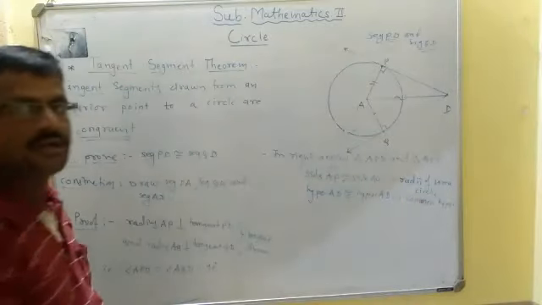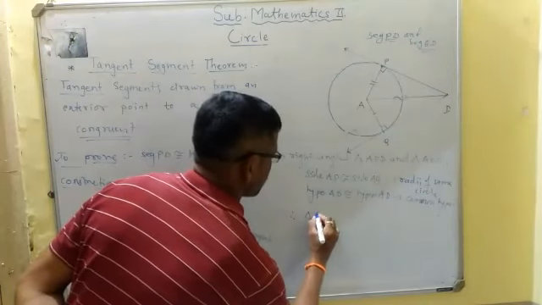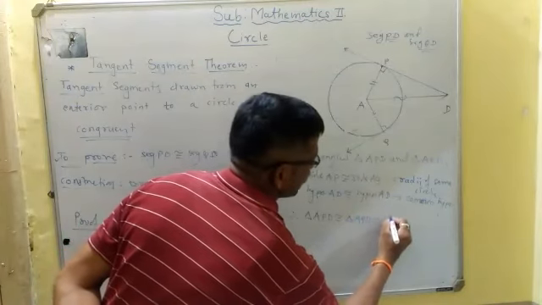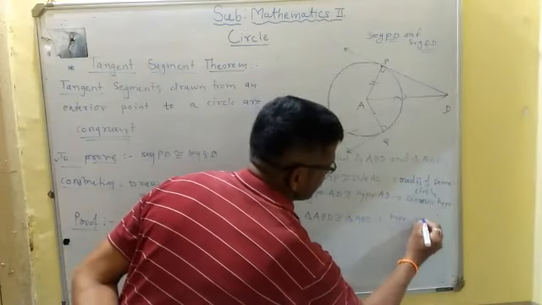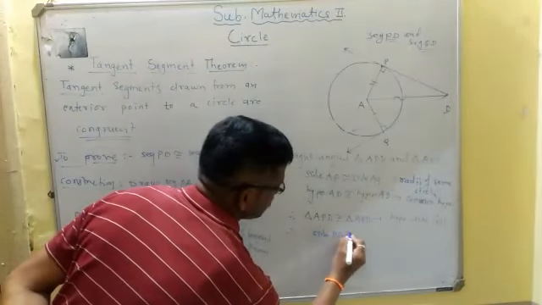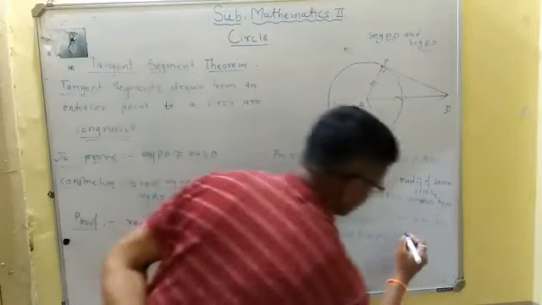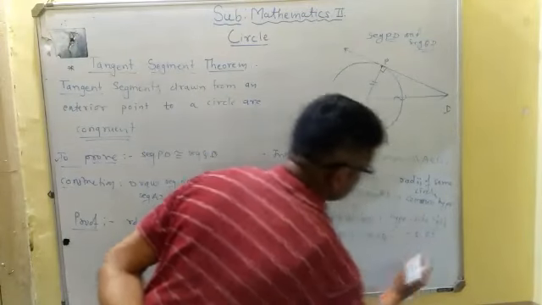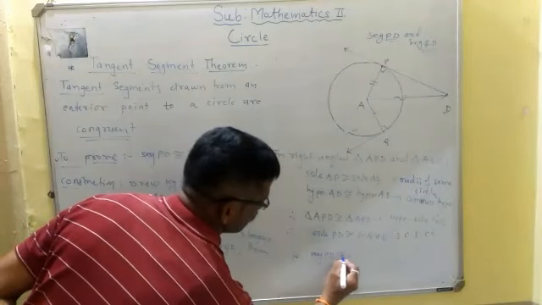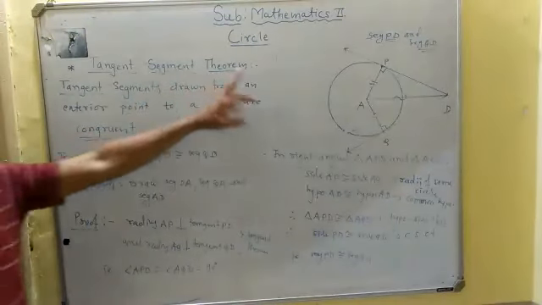The reason: common hypotenuse. Therefore, we say that triangle APD is congruent with triangle AQD by the hypotenuse side test. Therefore, side PD is congruent with side QD. The reason: corresponding sides of congruent triangles. That is, segment PD is congruent with segment QD, and our tangent segment theorem is proved.